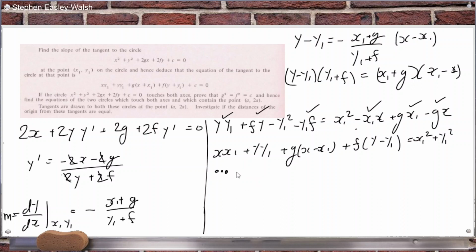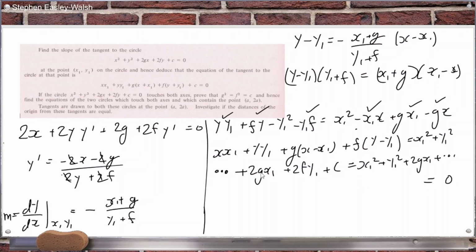But what I'll do is I'll add to both sides a 2g x1, a 2f y1, and a c. And that's an x1 squared plus y1 squared plus 2g x1, etc., etc. And the reason I did that is because on the right now I'll get this equation, which will be 0.